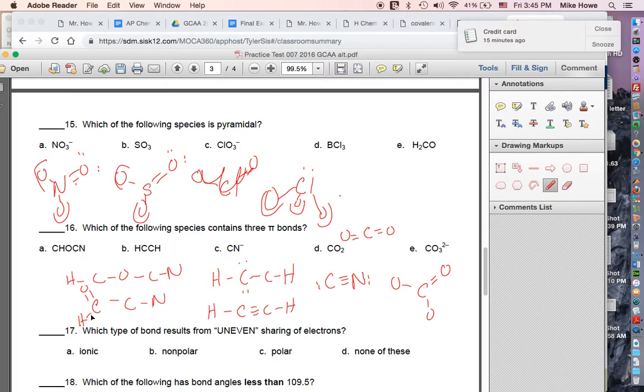If we have 20, we have 2, 4, 6, 8, 10 left to put in if I drew this picture. So 20 minus 2, 4, 6, 8, 10. So I have 10 left to go. So if I put 6 here, and then 1, 2, 3, 4 there, that's an acceptable picture. But it doesn't show our triple bonds, does it?